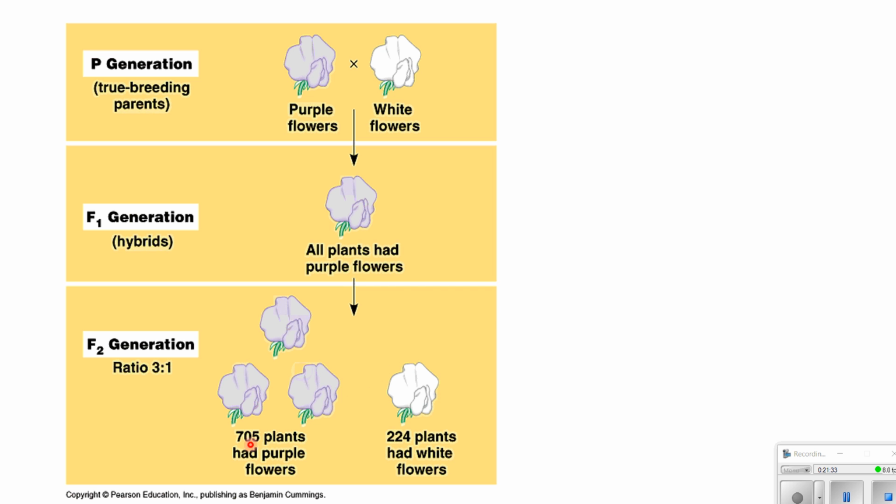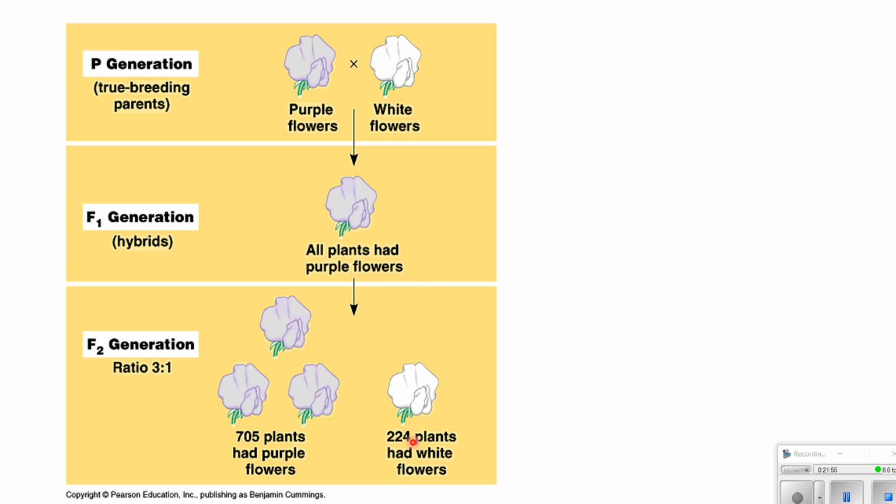And you can see some of the numbers. These are numbers from Mendel's actual research that was published in 1866. But Mendel noticed in his numbers that there's a pattern here. 705 purple flowered plants, 224 white flowered plants.